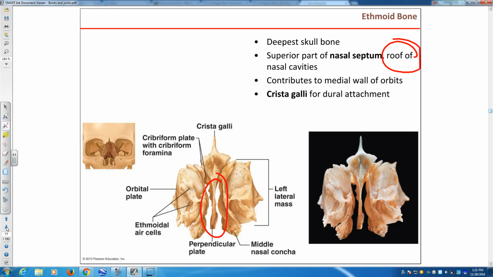Exactly, olfactory neurons. Bunches of olfactory neurons come through the cribriform plate. And when you look at the skull right here, that's where the olfactory bulbs are, where the olfactory nerves start.